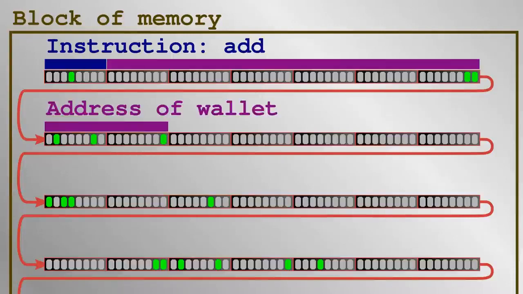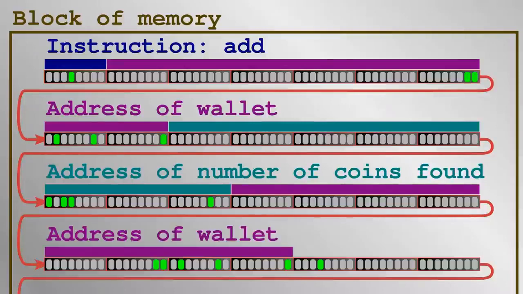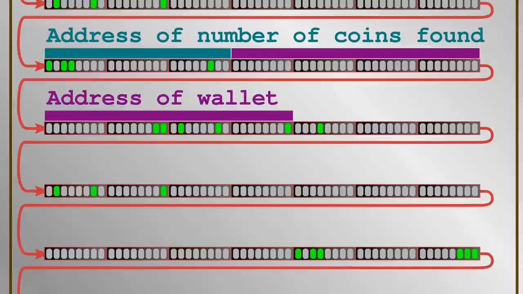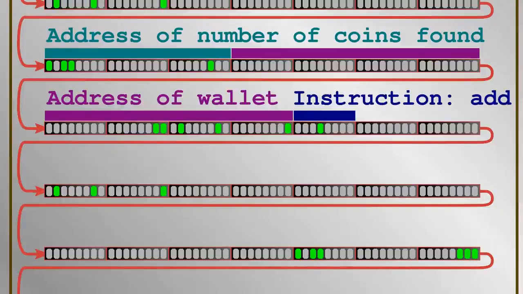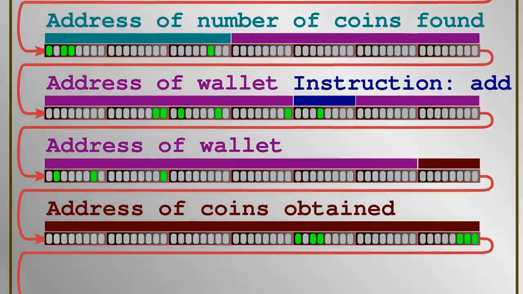Then come two addresses, the address of the wallet total and the number of coins the player has just found. The third address is the wallet again. After the addition, the wallet total will be overwritten. No matter what, the computer will now interpret byte number 25 in memory as an instruction. It is another add instruction, the addresses of the wallet and an amount of coins the player has made from selling items, or the inputs.